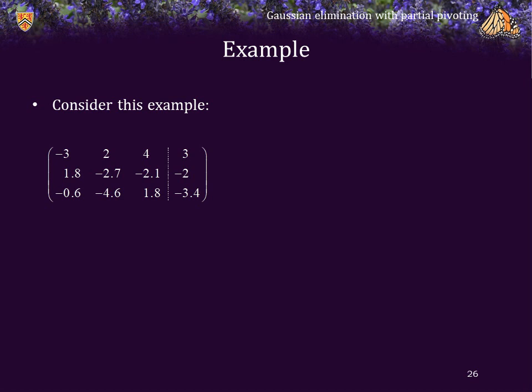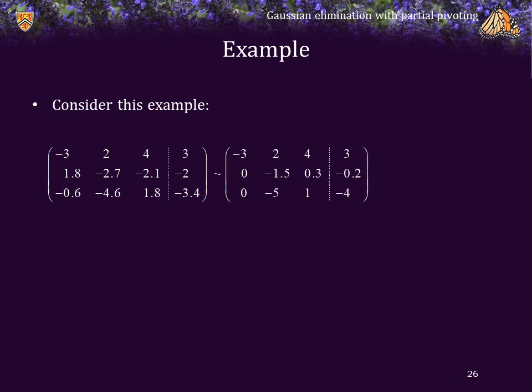Alright, let's consider this example here. Starting in column 1, the largest in absolute value entry, that is a leading non-zero entry in column 1, is -3. It's already at location 1, 1, so we're finished. So now all we have to do is add 0.6 times row 1 onto row 2, and -0.2 times row 1 onto row 3.